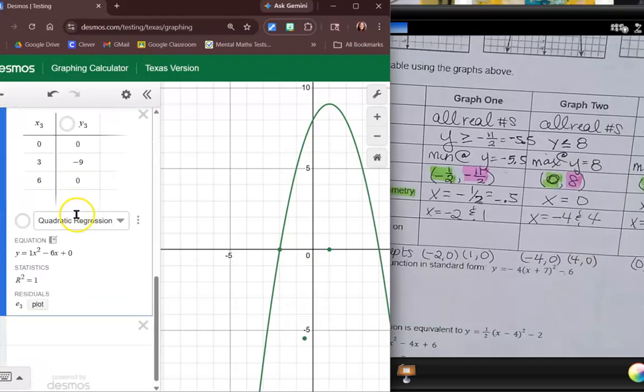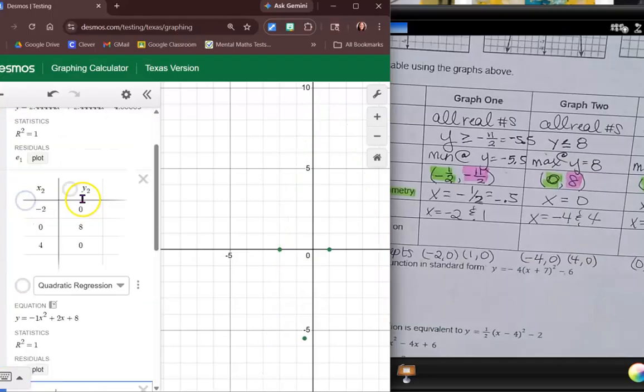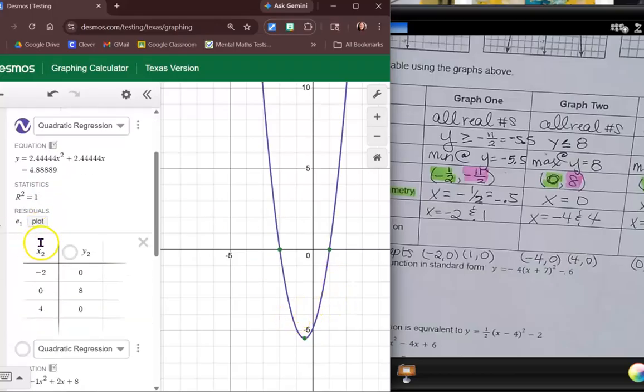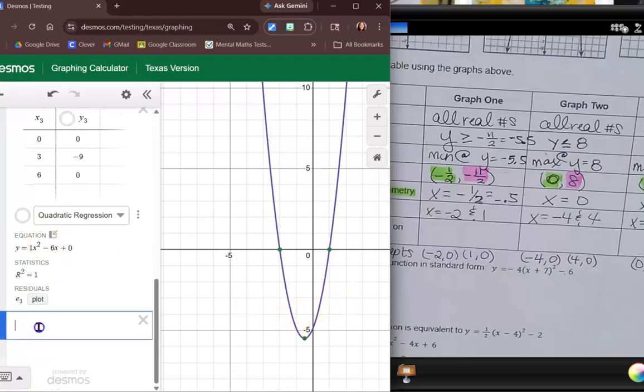That's not what I have here. Oh, let's turn this one off. And let's turn this one on. There we go. And then when I type in my axis of symmetry, it was x equals -0.5. It should cut right through that vertex right there.